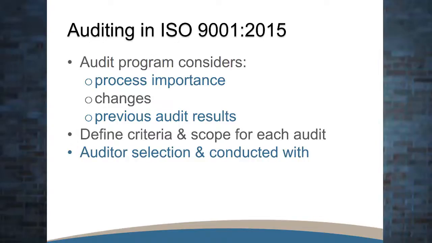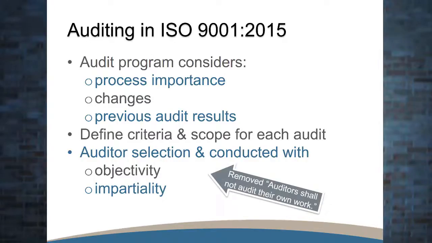Auditor selection and conducting audits need to be done objectively, so with objectivity and also impartiality. And actually there's a requirement in ISO 9001-2008 that has been removed, which stated auditors shall not audit their own work. So I guess that means now you can audit your own work, you just have to maintain objectivity and impartiality in doing so.